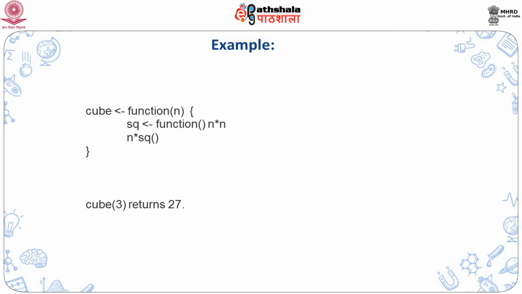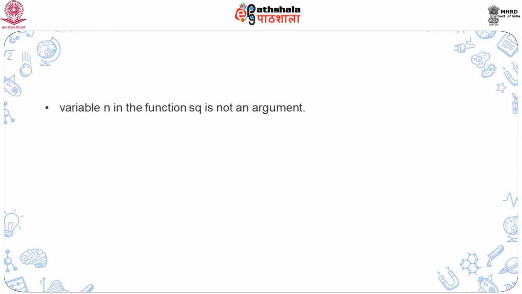Here we define a cube function which is a function of n, and within this function we multiply n with the square function. So, basically again we are encapsulating a function within another. This is a real life example which we can always construct, and if we write cube 3, this will return 27.